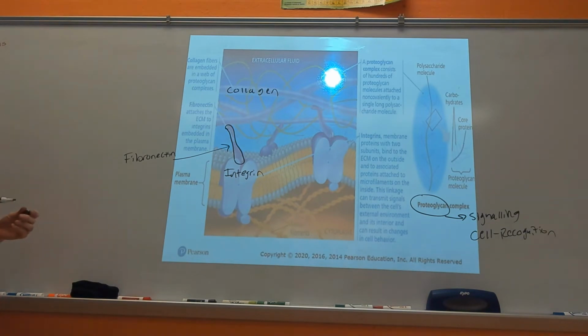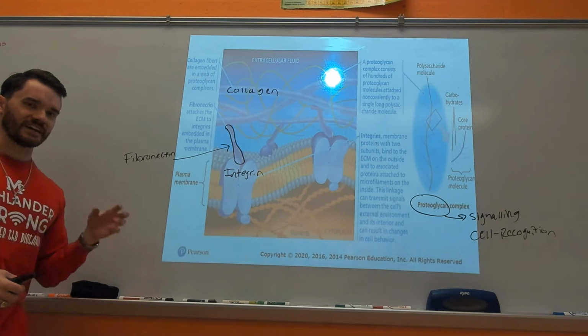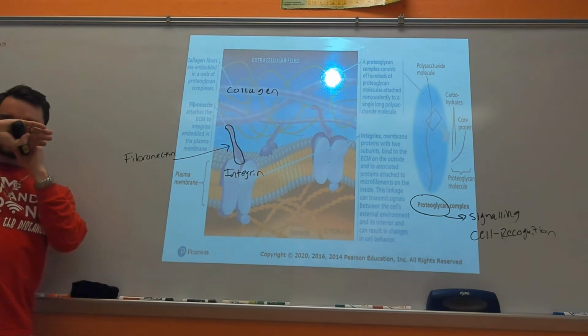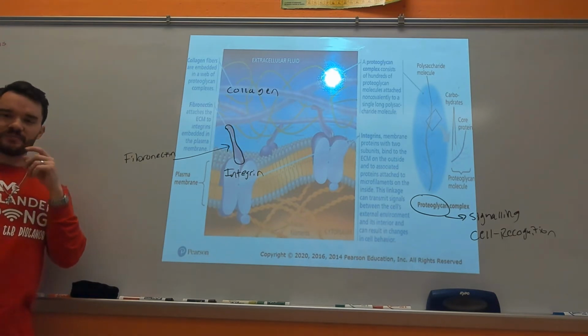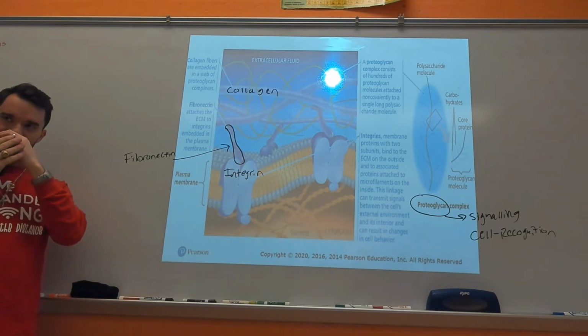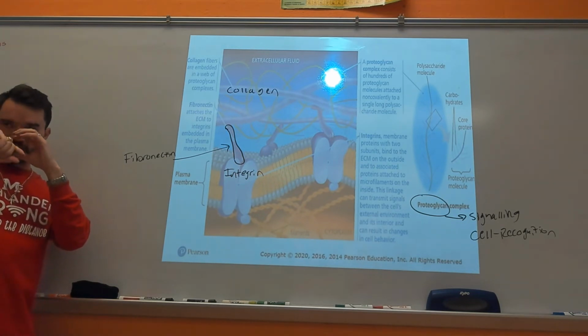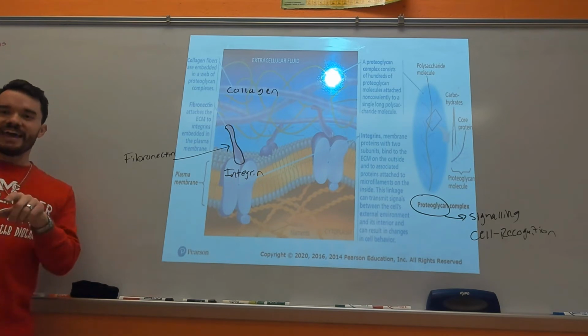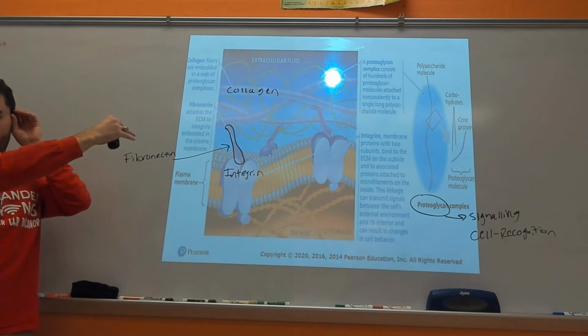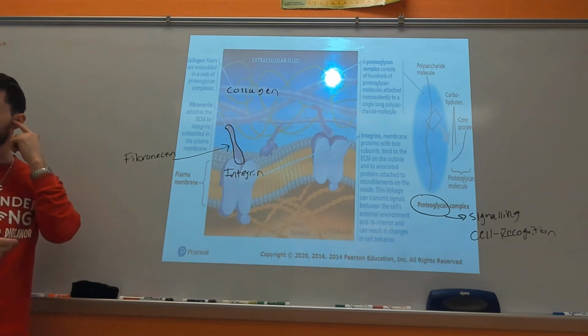And this is pretty cool. This is where the extracellular matrix is also involved in communication. Think of it this way: I don't know if you've ever done this, but if you had a cup with a string, and a friend of yours across the room had another cup with that same string attached, if I were to talk in that cup, the sound waves could travel across that string, and my friend could hold the cup up to their ear, and that sound wave would be passed from that string through the cup into their ear.